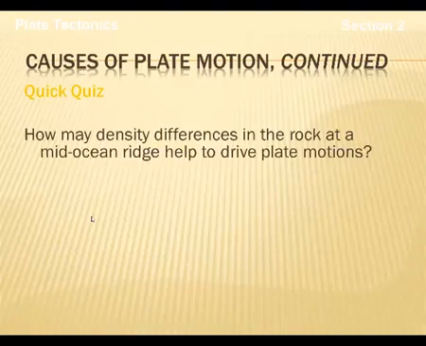How will density differences help to drive these plates? Alright, as they become more dense, this process of ridge push is going to occur where it's sliding down away from that less dense material. Very good.